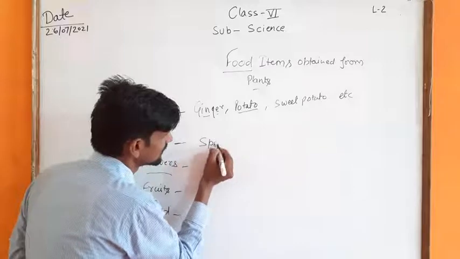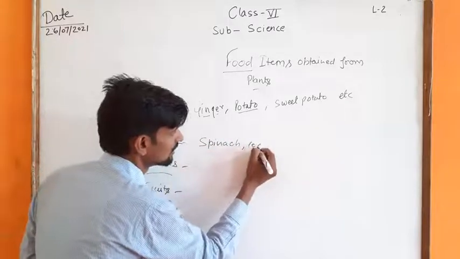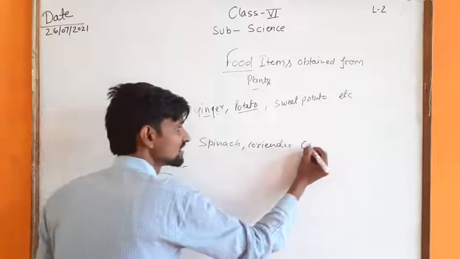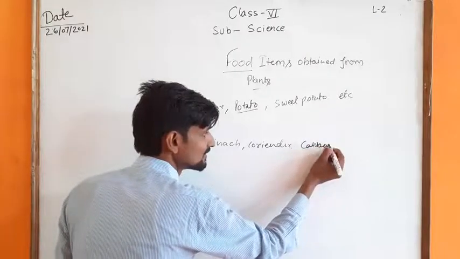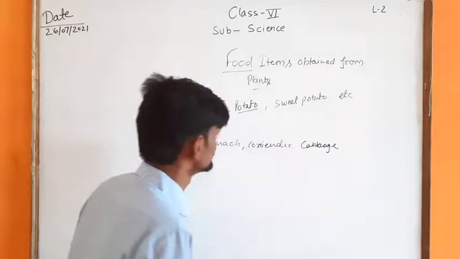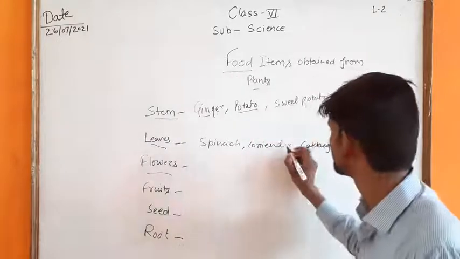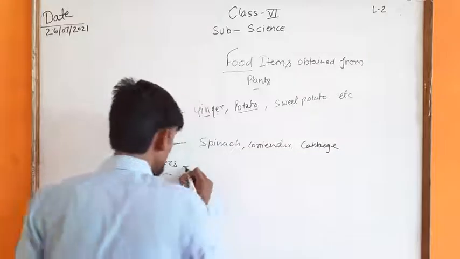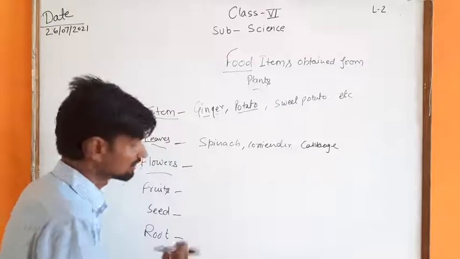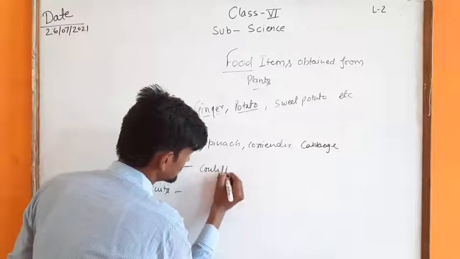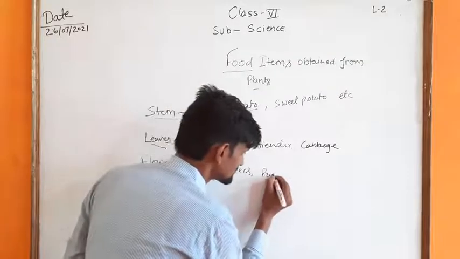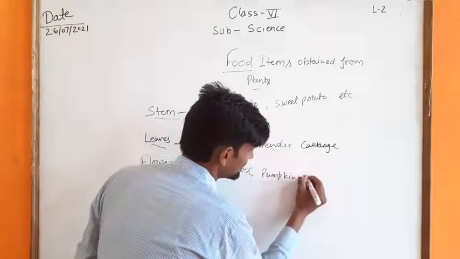Spinach, coriander, cabbage, etc. And how do we take flowers as food? Cauliflower, pumpkin flowers, etc.